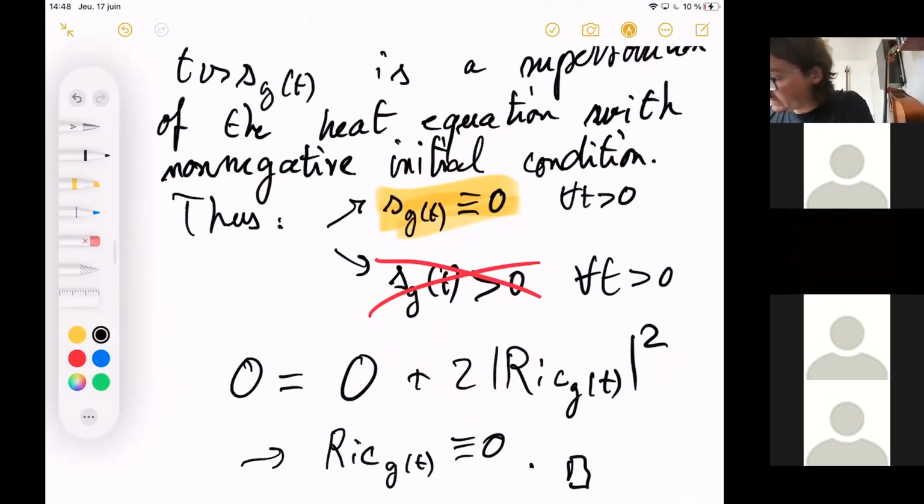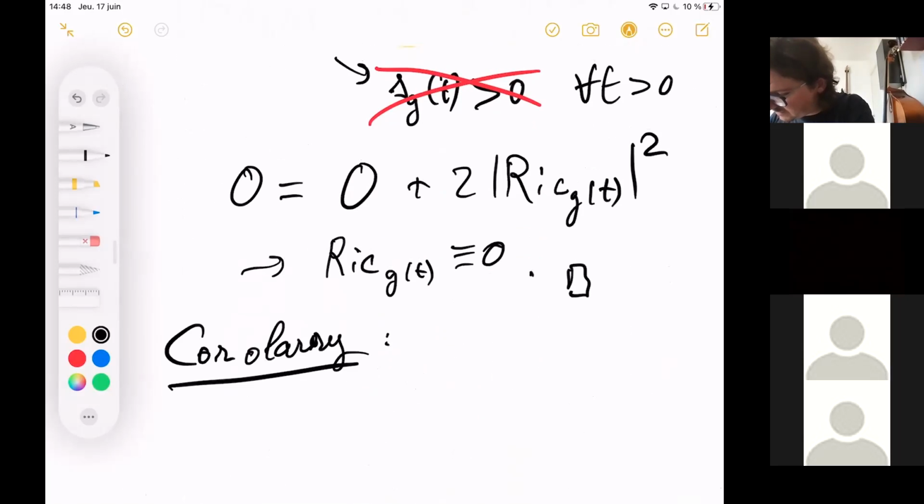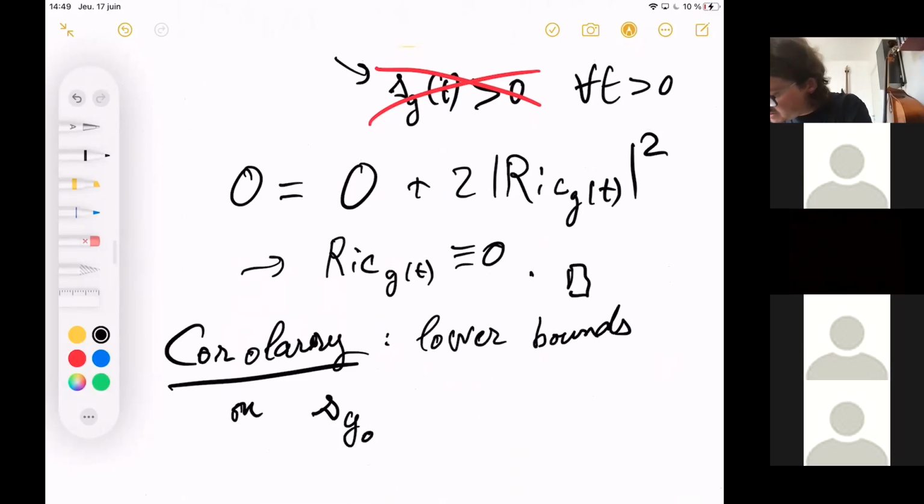Maybe a corollary of the same method, the proof, is that lower bounds on S_{g_0} are preserved by the Ricci flow.